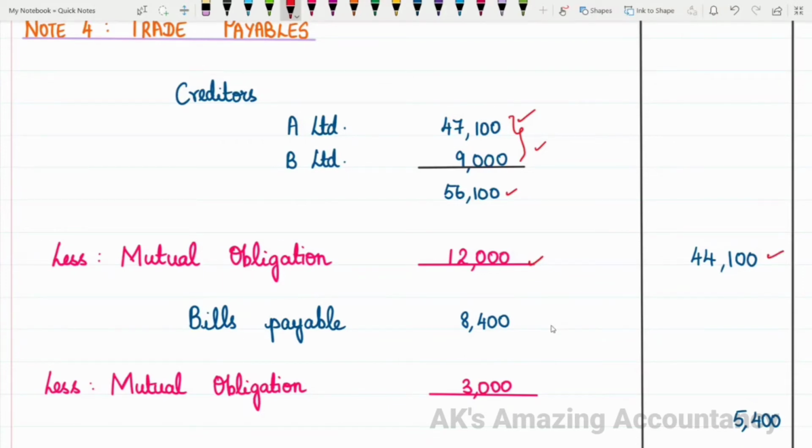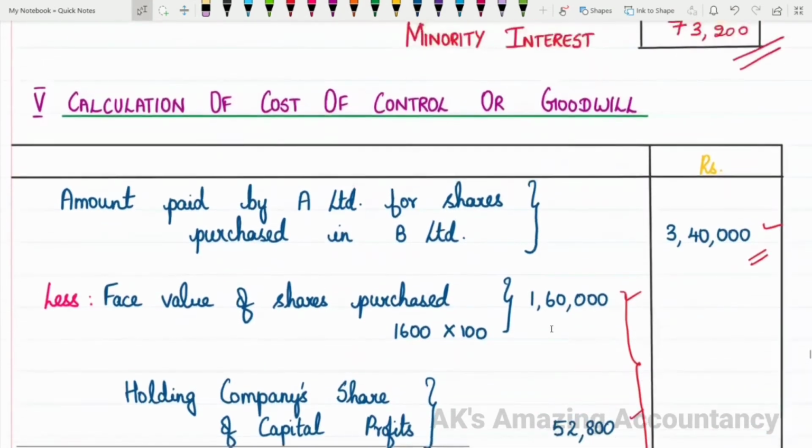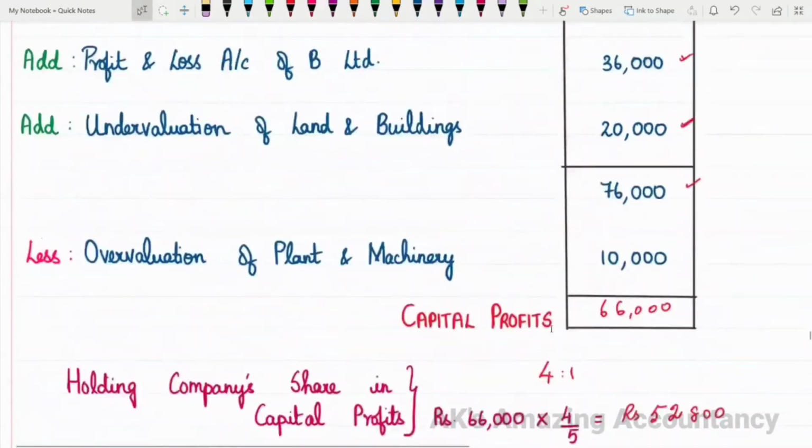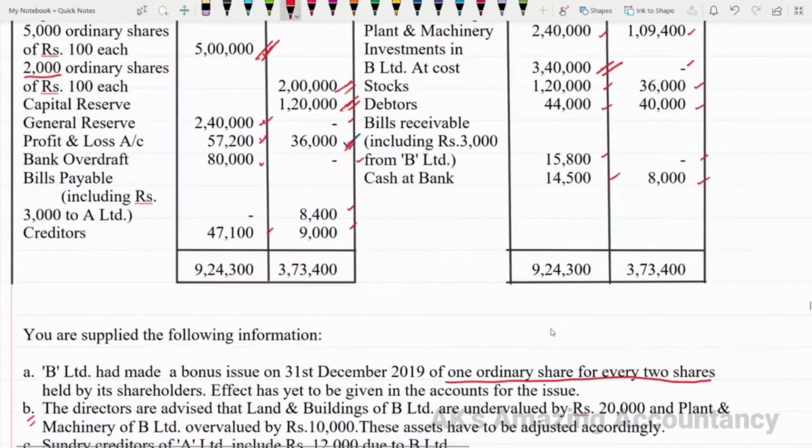Then next we have bills payable, which will come under note 4 trade payables. Bills payable is 8,400. Here again you have a mutual obligation, which is given to you as per the balance sheet. Bills payable, you are given, including rupees 3,000 to A Limited.